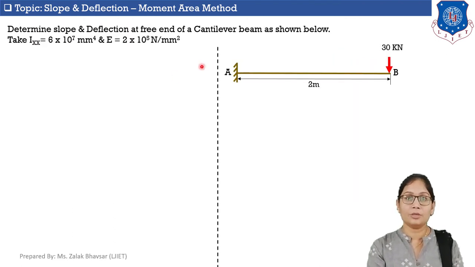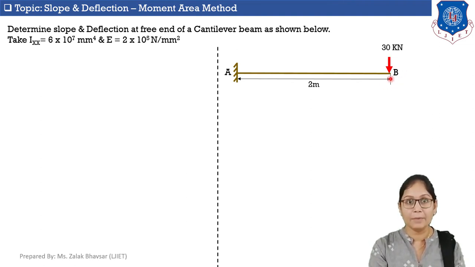Here, we need to determine slope and deflection at the free end of a cantilever beam. It means here we need to calculate slope at point B and deflection at point B using moment area method. Given value of Ixx, which is moment of inertia about xx axis, is 6 into 10 raised to 7 mm raised to 4.